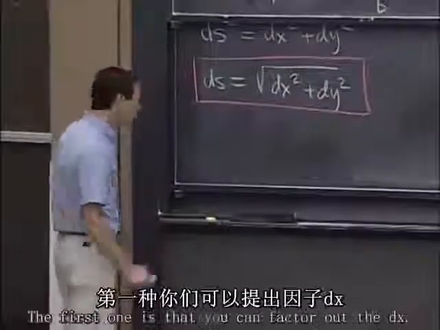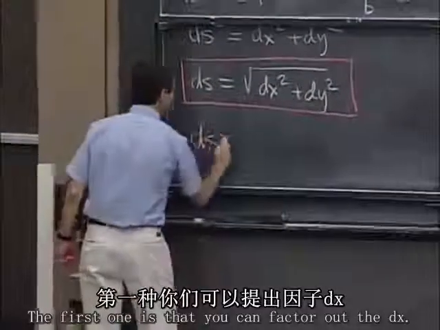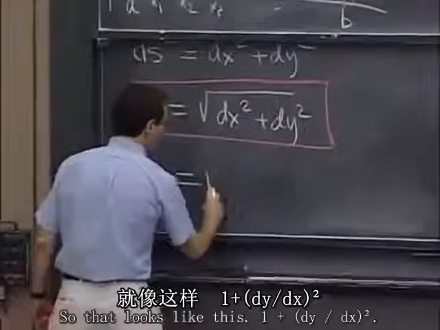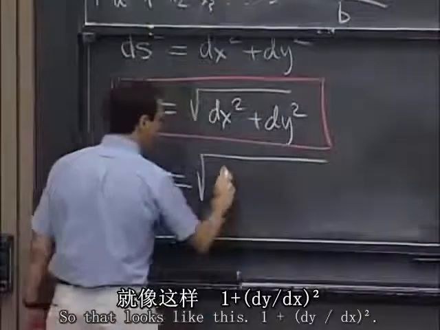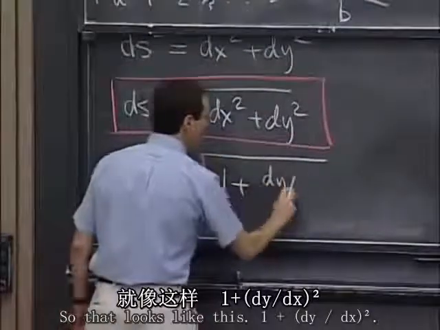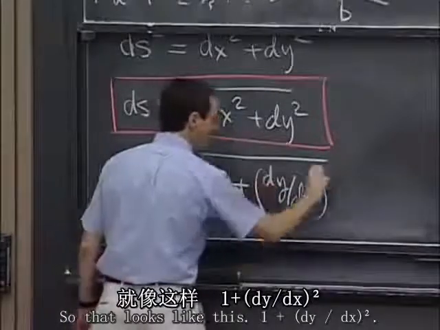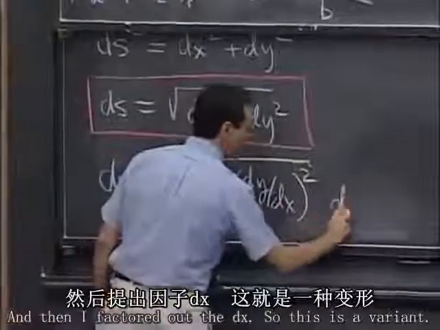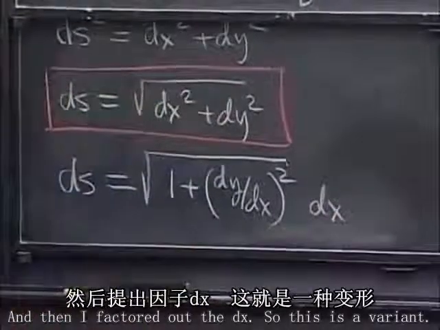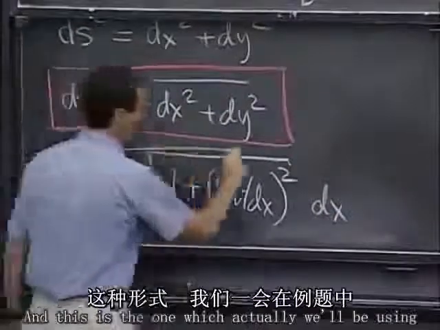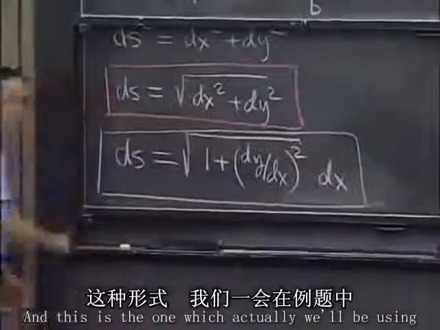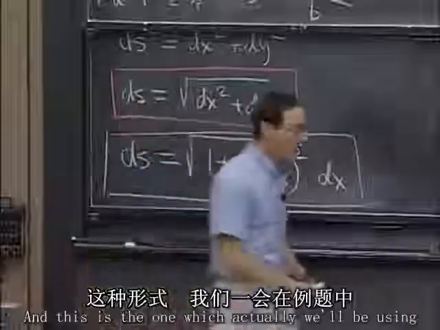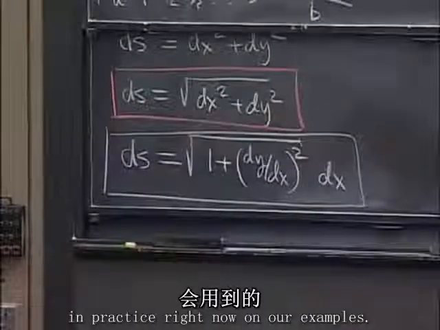The first one is that you can factor out the dx. So that looks like this: the square root of 1 plus (dy/dx) quantity squared, and then I factored out the dx. All right, so this is a variant. And this is the one which actually we'll be using in practice right now on our examples.